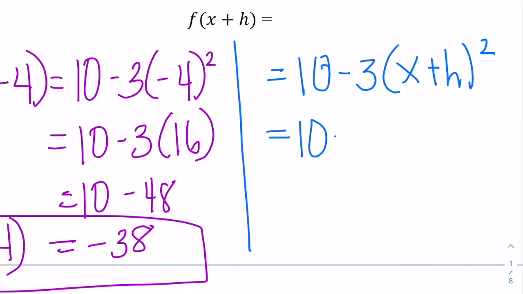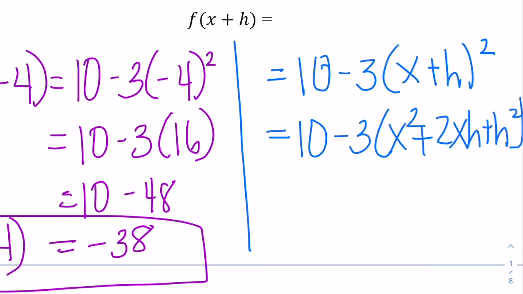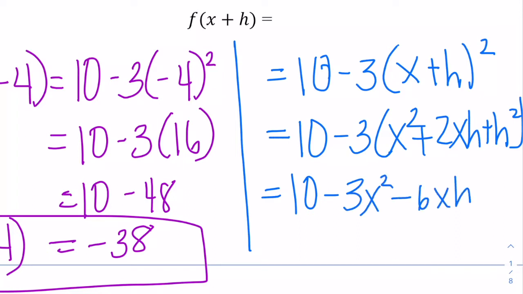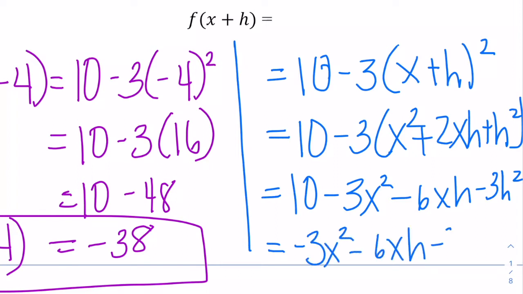So that'll equal 10 minus 3 times x squared plus 2xh plus h squared, which equals 10 minus 3x squared minus 6xh minus 3h squared. And we'll write that in standard form. So that equals negative 3x squared minus 6xh minus 3h squared plus 10.